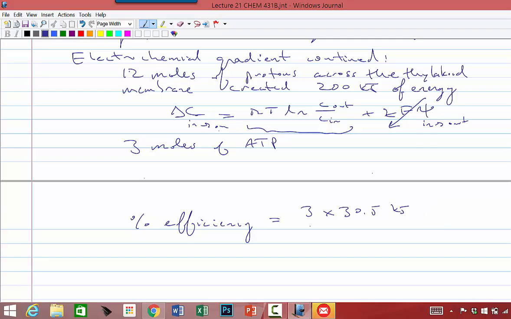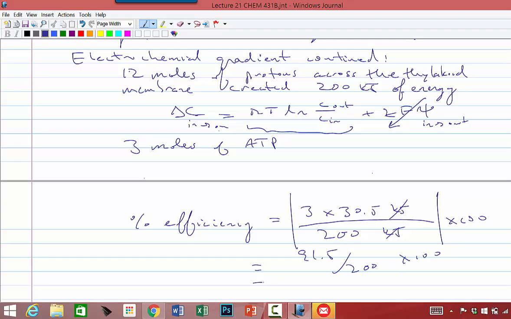Okay, it's 3 divided by 200 multiplied by 100. Take the absolute value just to make sure it all turns out to be positive, and that's going to come out to be approximately, let's see here, 91.5 divided by 200 times 100. What is that? About 48%, I guess.